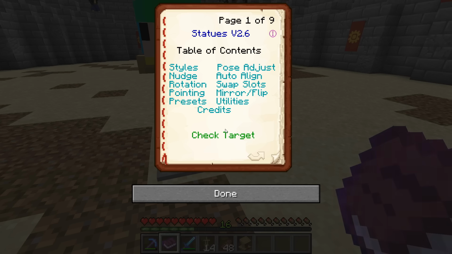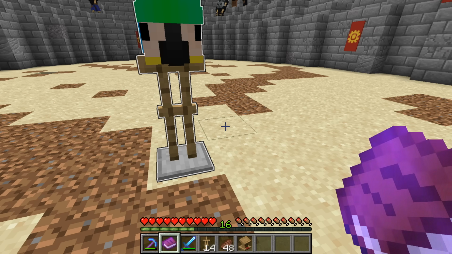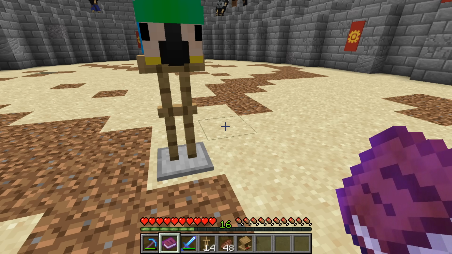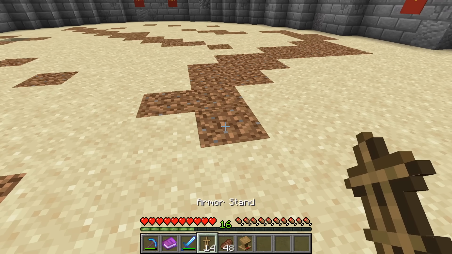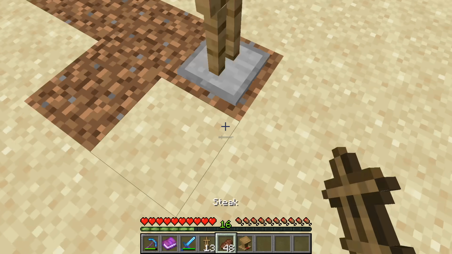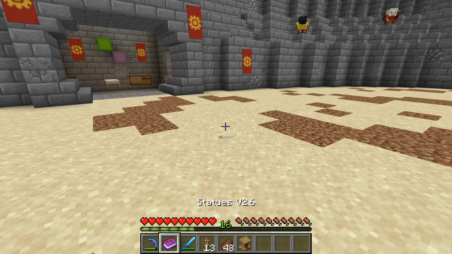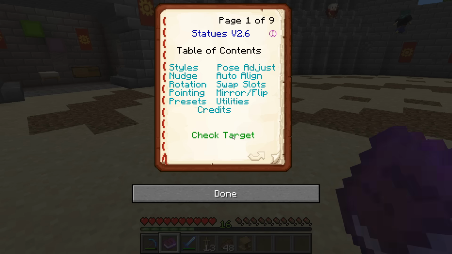Now, the one that I do use regularly on the front page is this green check target button, because if you press it, it will tell you what armor stand you're currently going to be using, and that's a function of where you actually are in the physical world. So if I, for example, had another armor stand here and I was stood here, I don't know which one of these two I'm affecting currently.